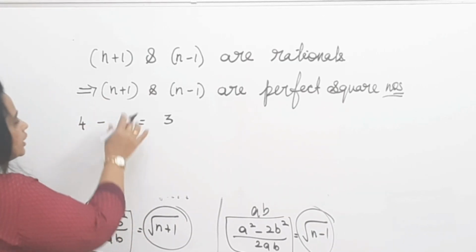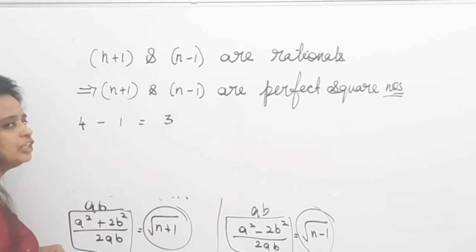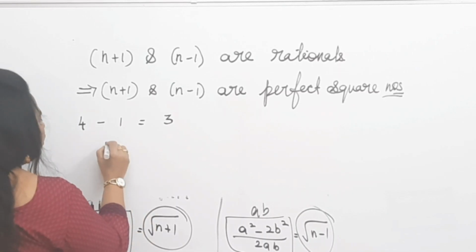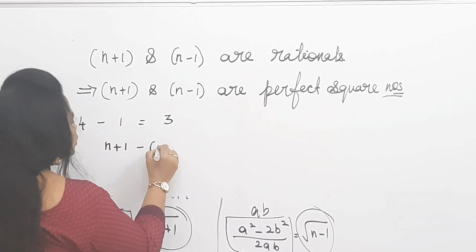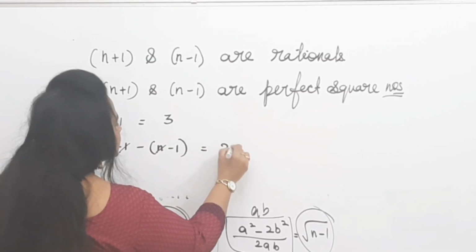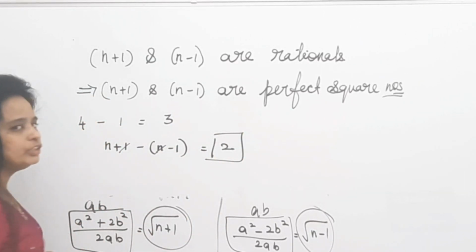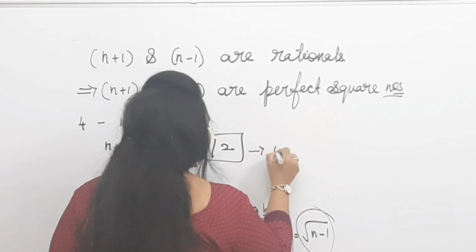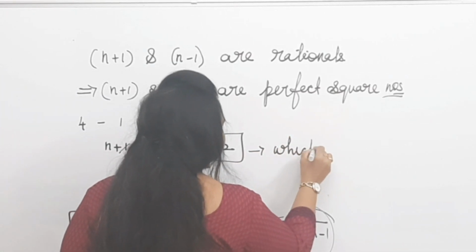That means I should get the difference between these two numbers as minimum 3 or more than 3. So n plus 1 minus n minus 1, the n gets cancelled, but the answer I am getting is 2, which is not possible at all.